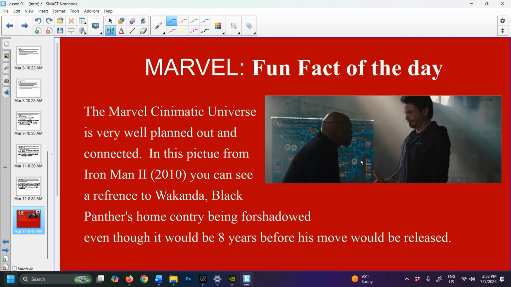It's this little circle right here. Black Panther's home country being foreshadowed, even though it would be 8 years before his first movie would be released and before he showed up in Civil War, which was Captain America 2, I think, maybe 3.